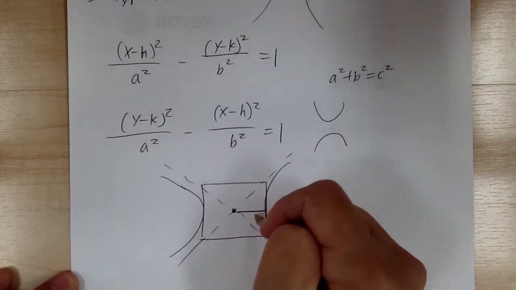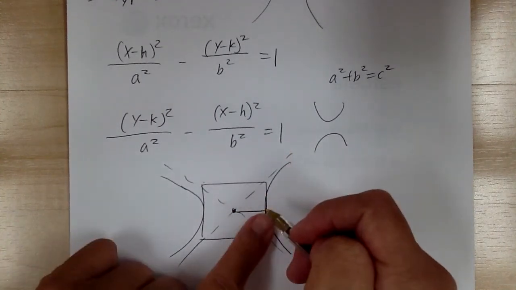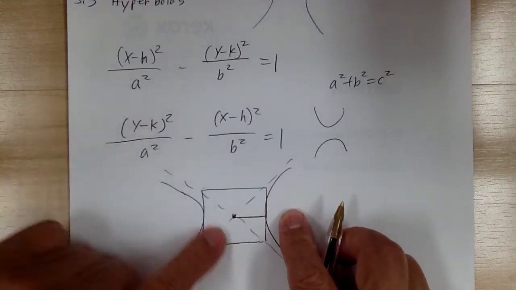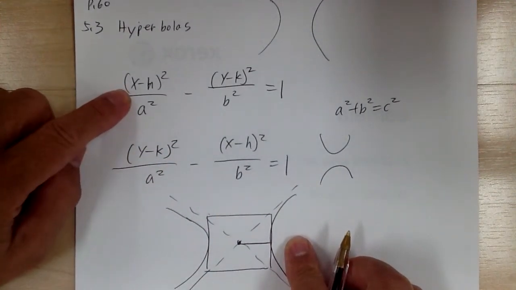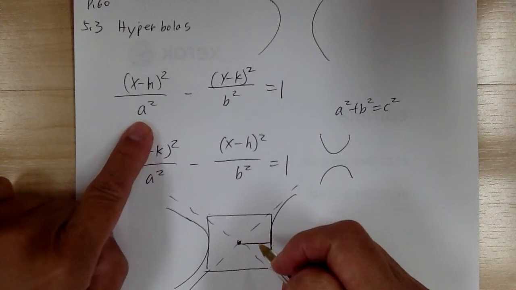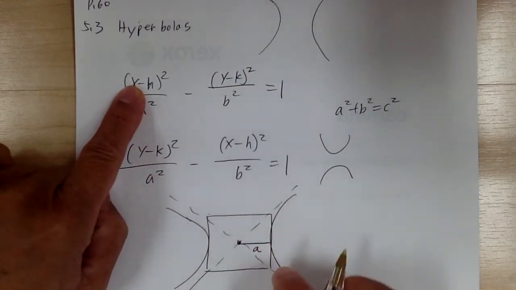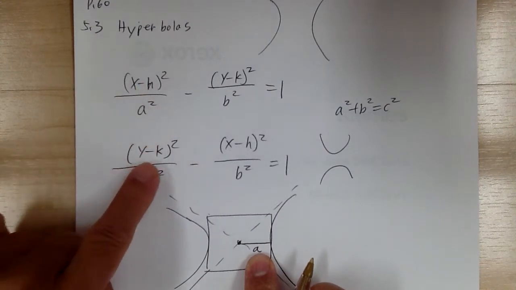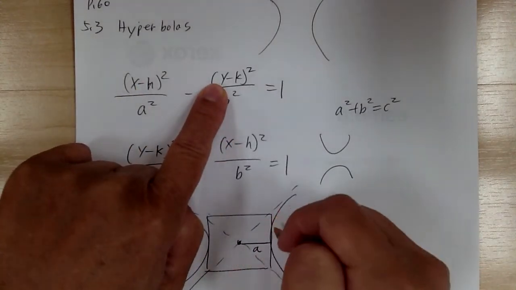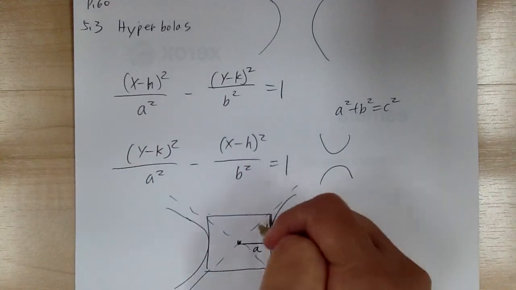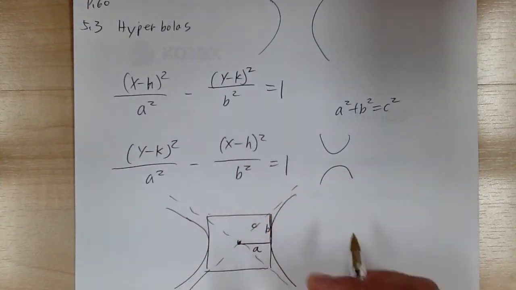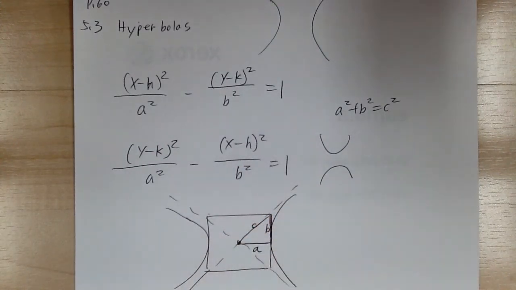This is in the x direction, so this would be this equation. Since this is under the x, a would be in the x direction, so this would be the a over here. And b is under the y, so the y direction would be the b, and this would be the c. So this is your triangle abc.